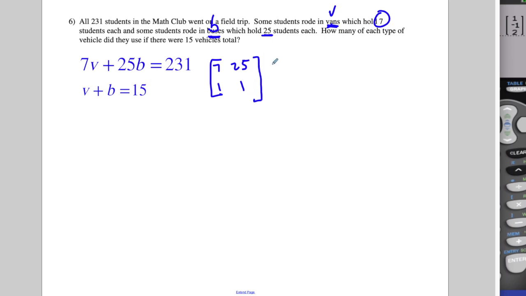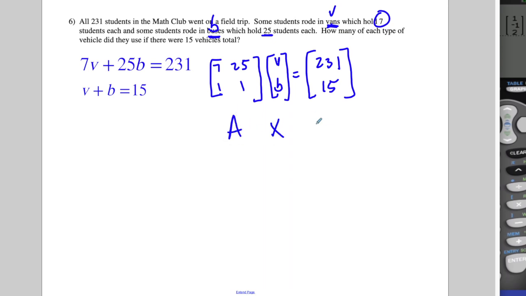And then I would have V and B. And then I would have equals 231 and 15. And to solve this, this is A, that's X, and that's B. And I want to do X equals the inverse of A times B. And that's how you would take care of that.